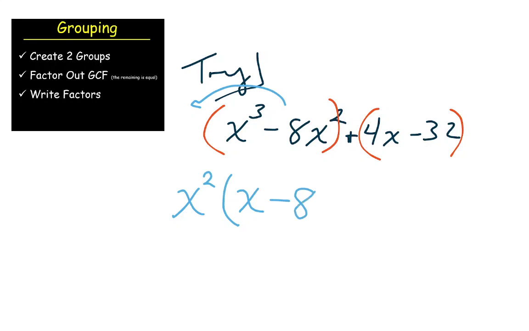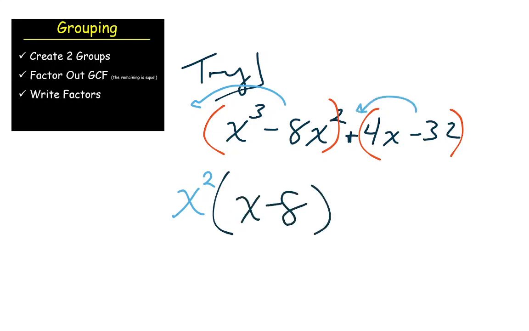But when I take out the x squared, I discover that I get x minus 8. And when you take out a 4, you get x minus 8. So I don't need to change the order of anything because I'm left with the same thing. That's the way this is supposed to work.